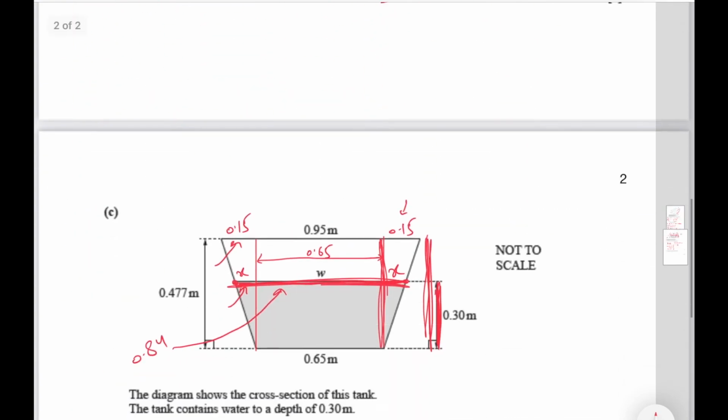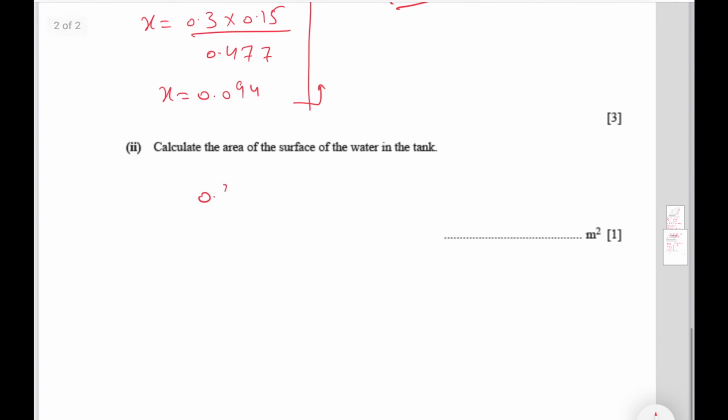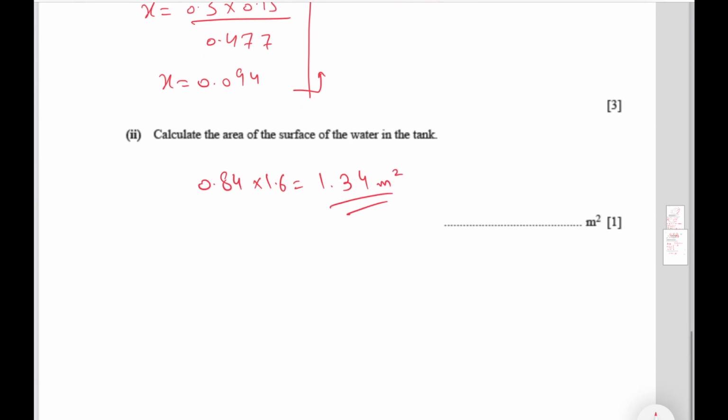So we multiply 0.84 by 1.6. 0.84 times 1.6 gives us 1.34 meters square. Okay, so we write our answer over here, 1.34 meters squared, and we're done with the question.